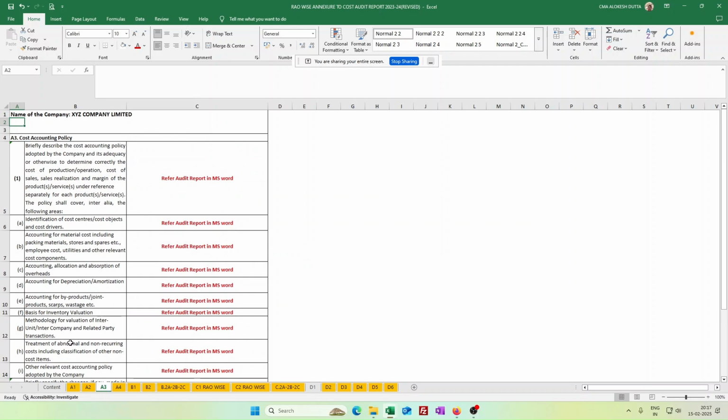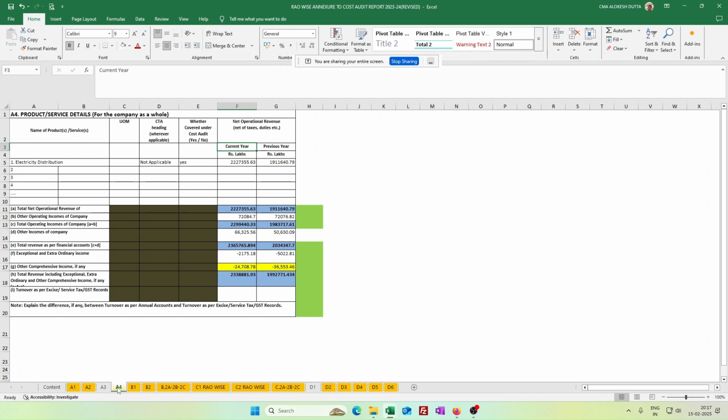This is the suggestive point by the MCA as per the Companies (Cost Records and Audit) Rules, but you can add much more also. Nobody will stop you, because this is the broader outline. You can go into depth. If a company elaborates its cost accounting policy in depth, it will be easier to keep the records correctly.